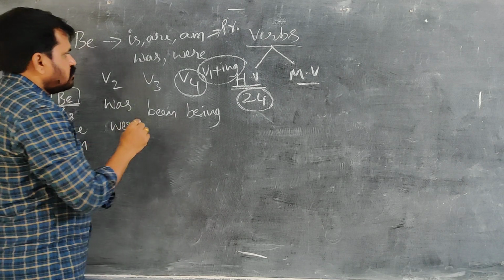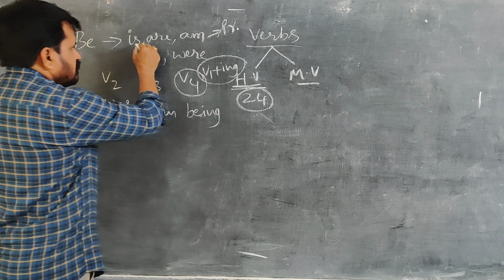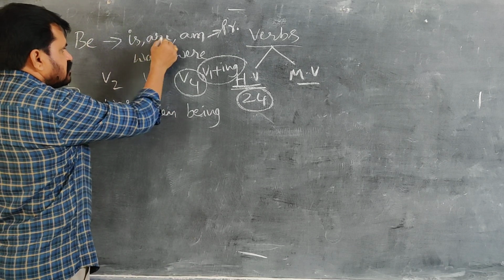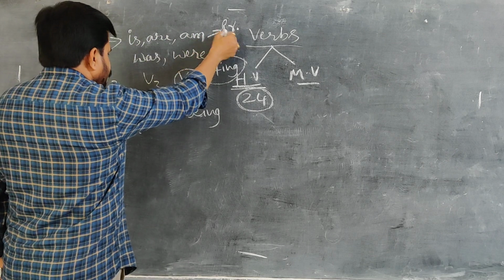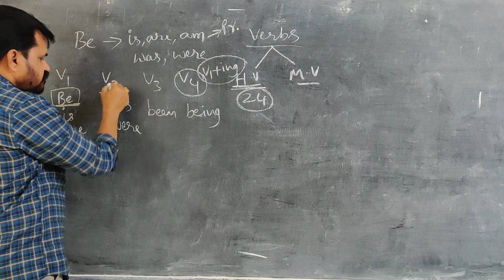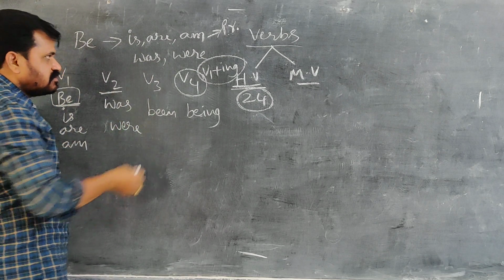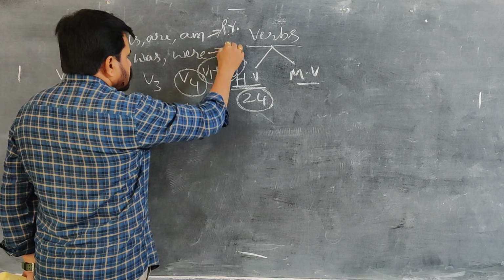Overall, we came to know that is, are, am will be used in present tense, whereas was and were are V2. V2 is nothing but past tense. These two will be used in past tense.